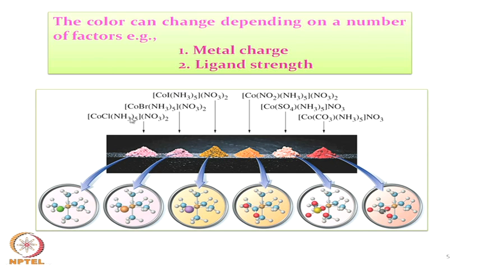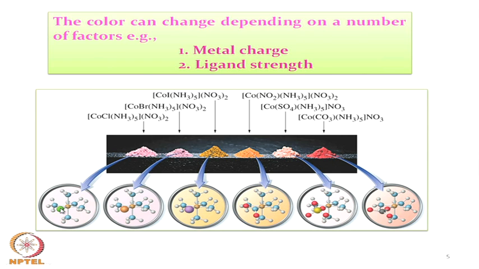So, 5 ammonia ligands are fixed, each with a nitrogen and 3 hydrogens attached. Only one particular bond we are varying, and due to that change, we see a drastic variation in the color. From light pink to reddish, we are giving all 6 compounds due to the change of one particular ligand.